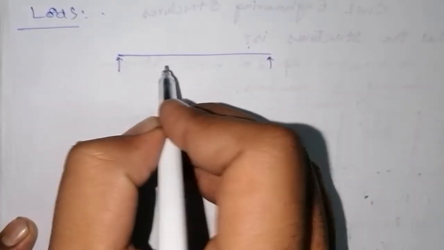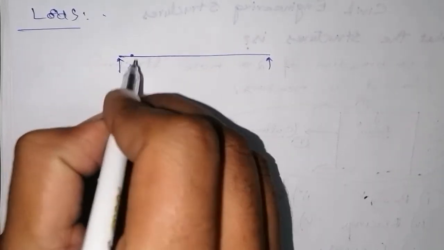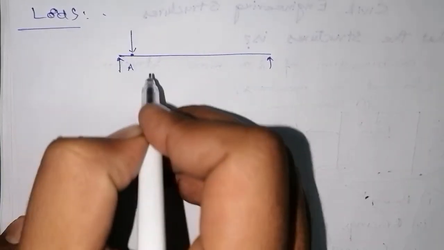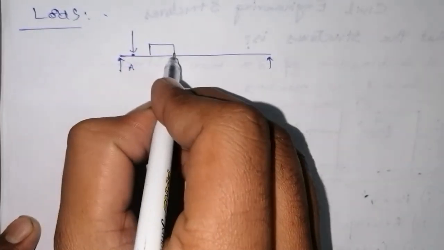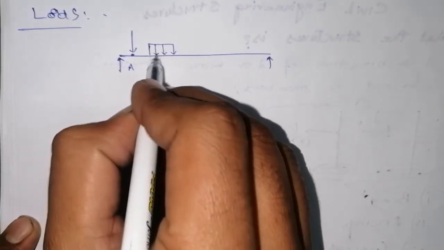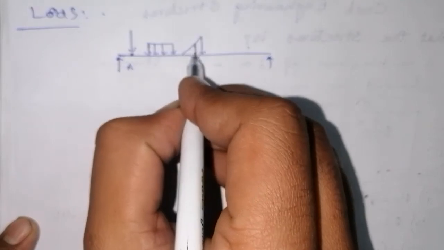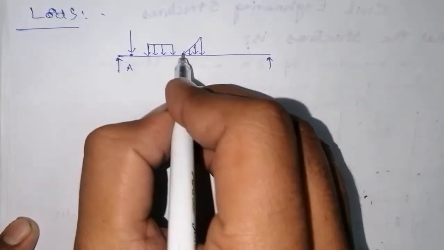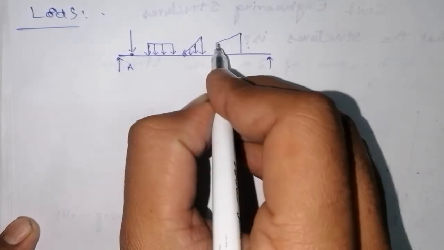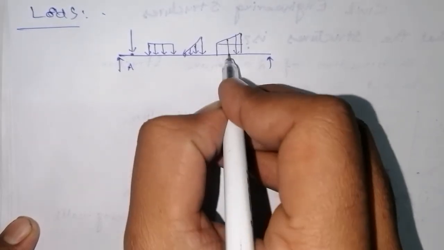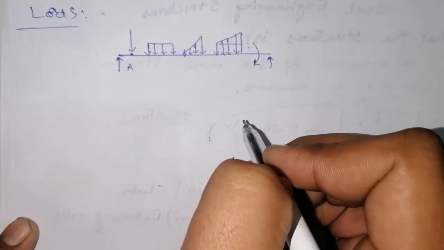How many types of loads can act on this beam? Suppose we have this point A, there is a load. This one is a load. Then this type of load may also act on this beam, this type of load may also act on this structure or beam. This type of loads are also present, and this type of loading is also present.